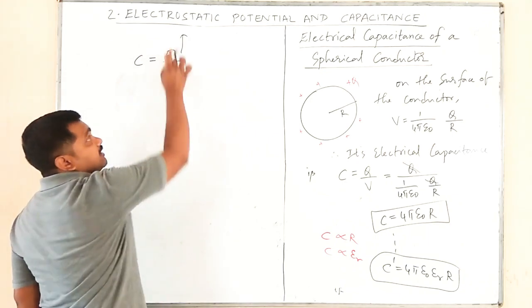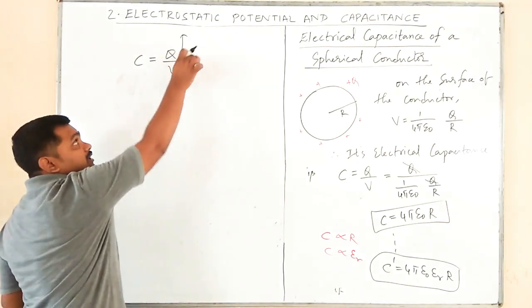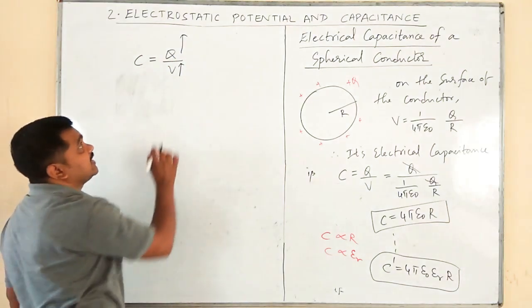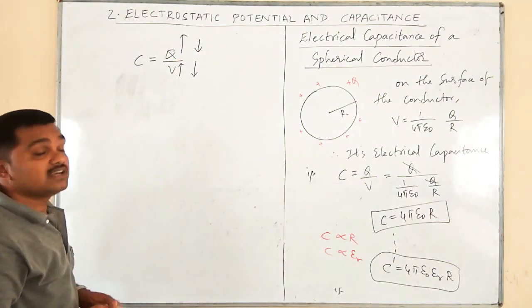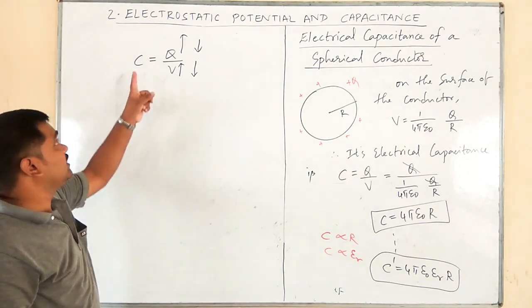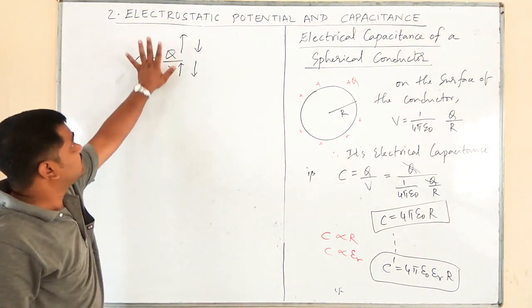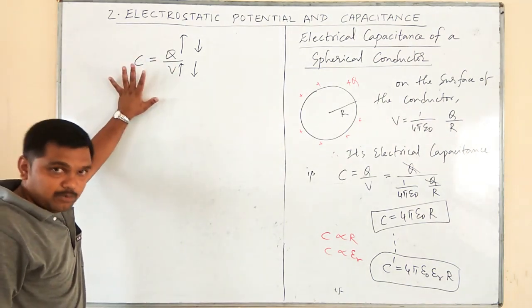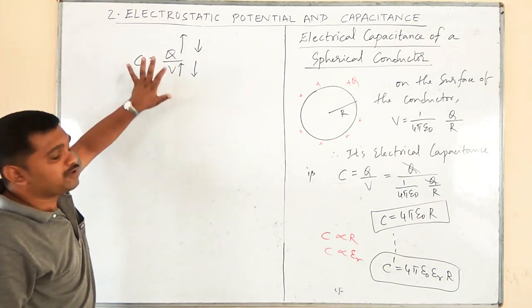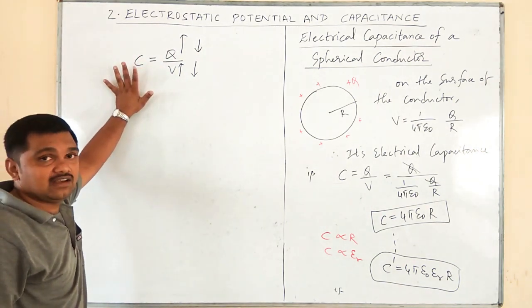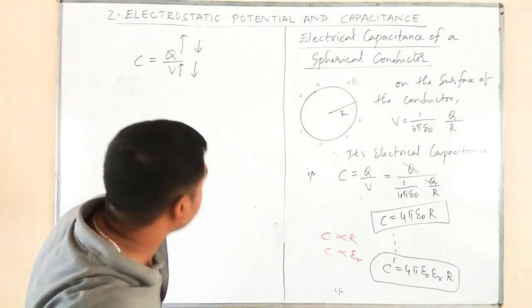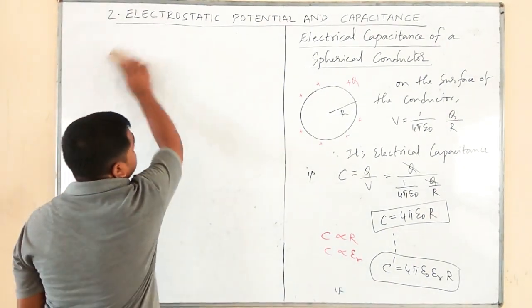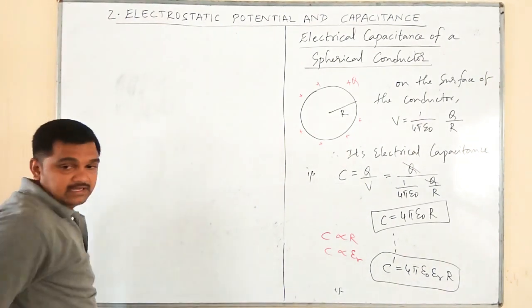If Q is doubled, V also doubles, the doubles cancel, and C remains constant. Similarly, if Q decreases, V also decreases. Therefore, though the equation is charge by potential, both charge and potential never affect the capacitance. Please remember.